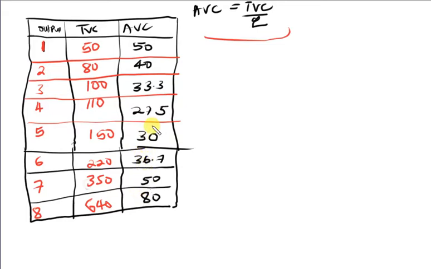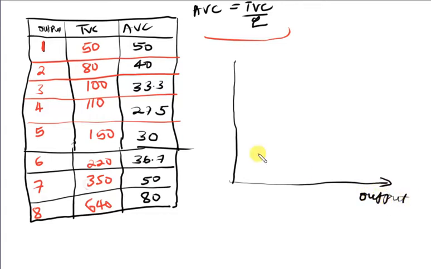So it is going to create something like this. So if you have a curve and have your output, and we have here the average variable cost, so you have here our 0. At first it is up. When output is 1, it is up. Then when output is 2, it goes down to 40.